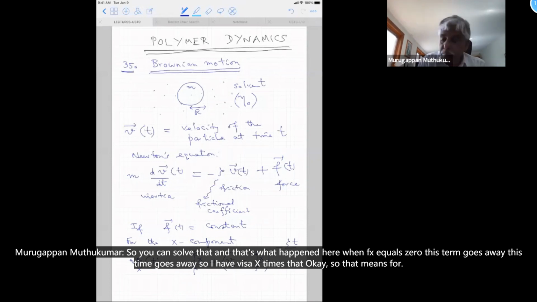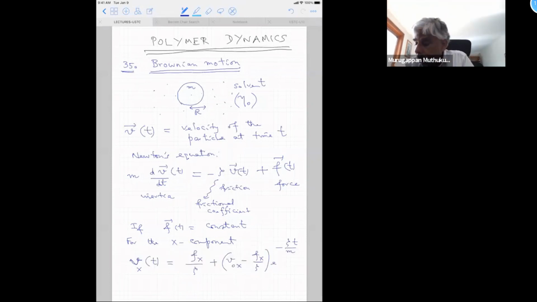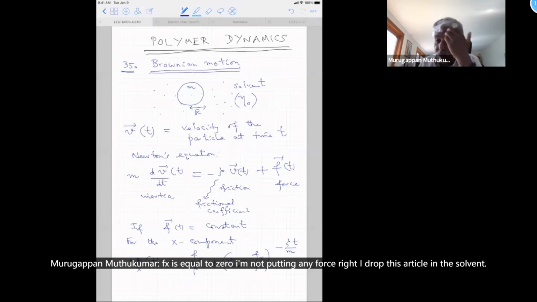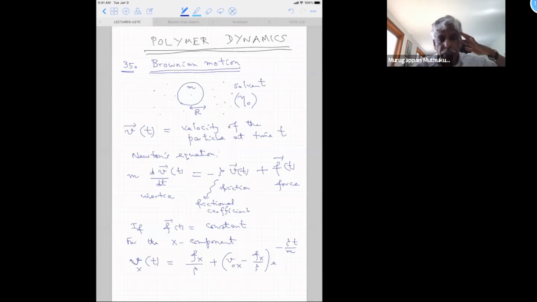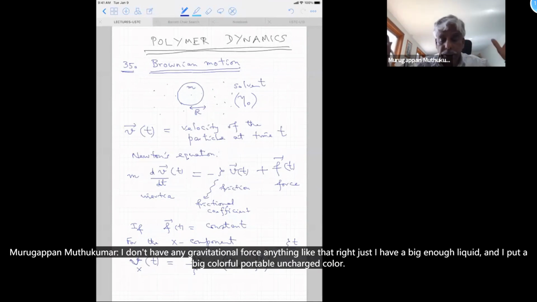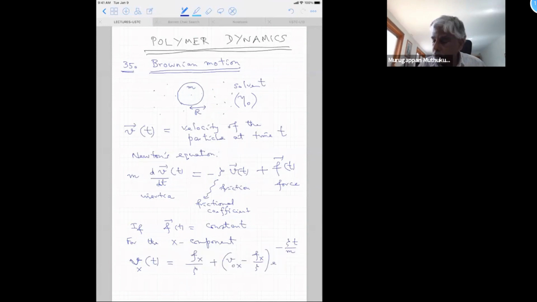So that means for fx equal to 0, I'm not putting any force. I drop this particle in the solvent, and I don't have any gravitational force, anything like that. I just have a beaker of a liquid and I put a big uncharged colloidal particle.